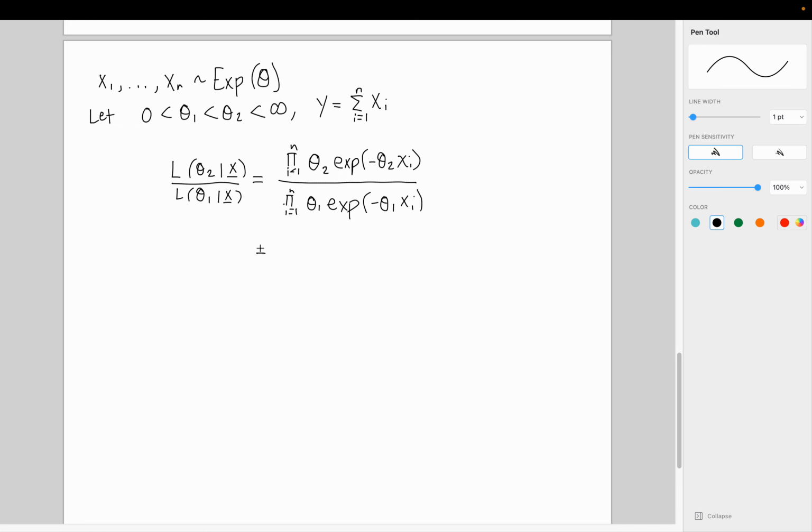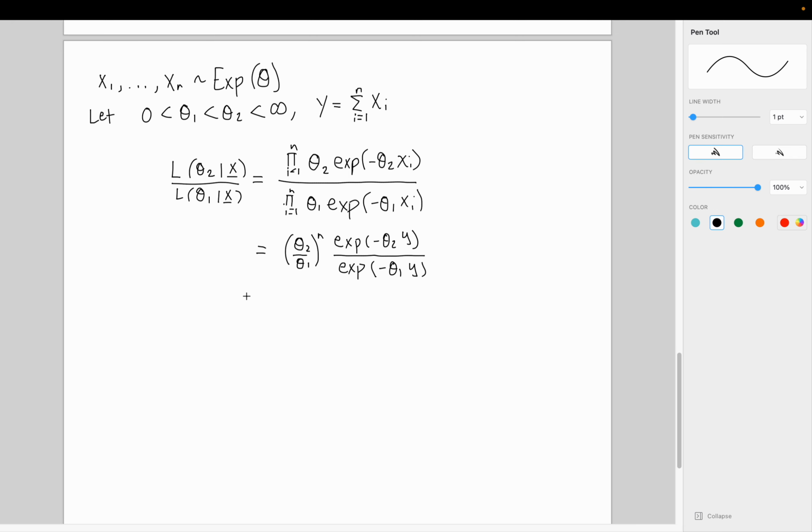Using some exponent rules and some algebra, I get (theta 2 over theta 1) to the power of n times e to the power of negative theta 2 y, where y is the sum of my x's, over e to the power of negative theta 1 y.